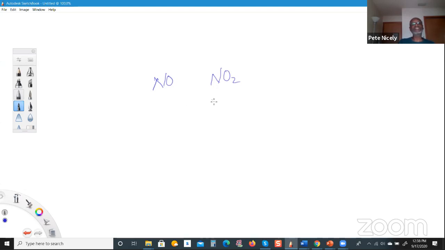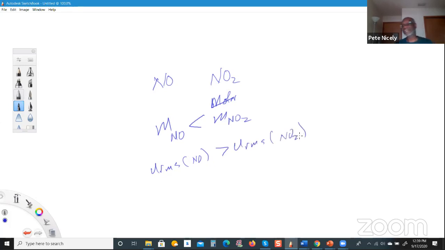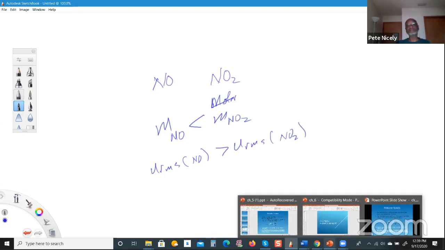So the molar mass, or let me just use M here, the M for NO2 is larger than the M for NO, which means that the root mean squared speed for NO would be greater than the root mean squared speed for NO2, because the nitrogen monoxide has a lower mass compared to the nitrogen dioxide, all right?